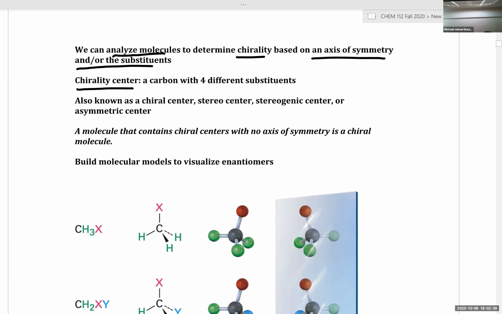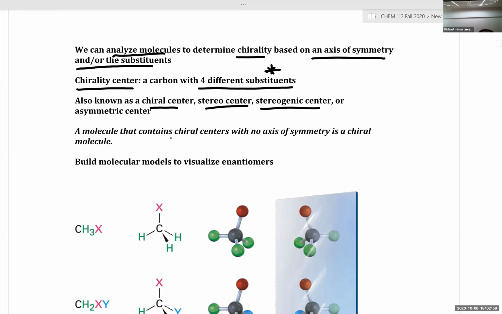A chirality center, also known as a chiral center, stereocenter, or stereogenic center, is a carbon with 4 different substituents. So a carbon center with 4 unique substituents.